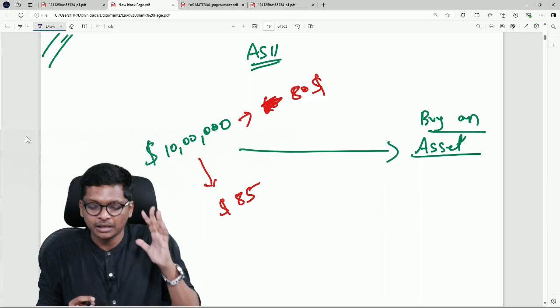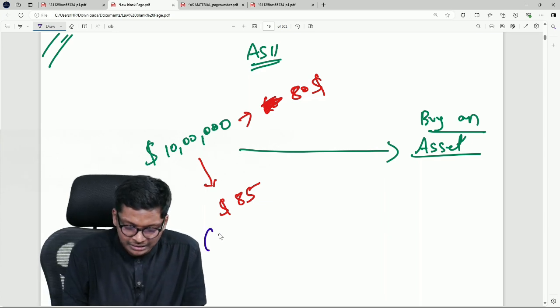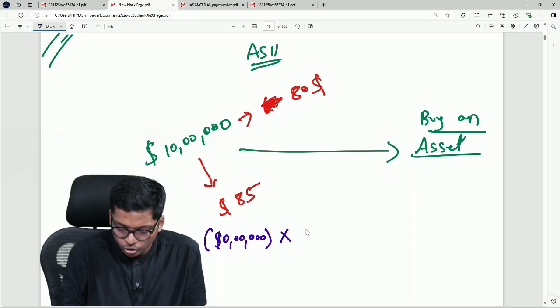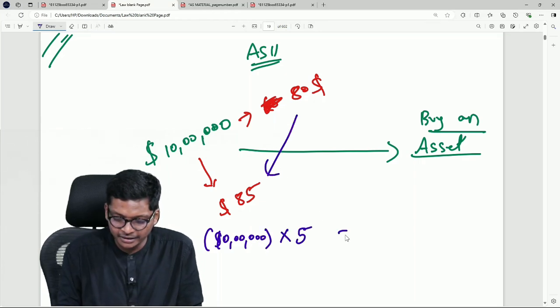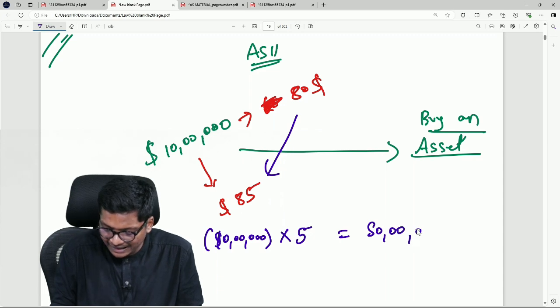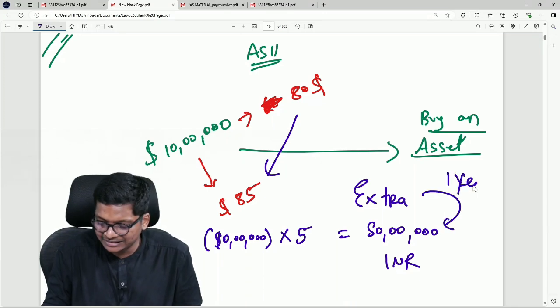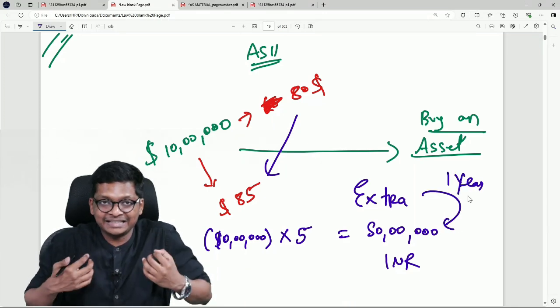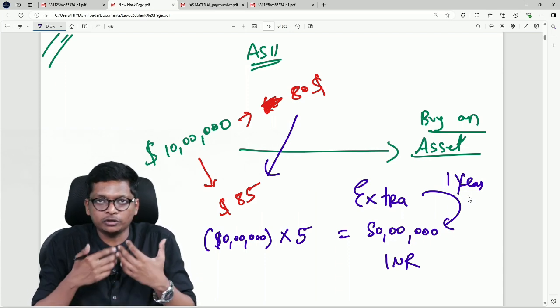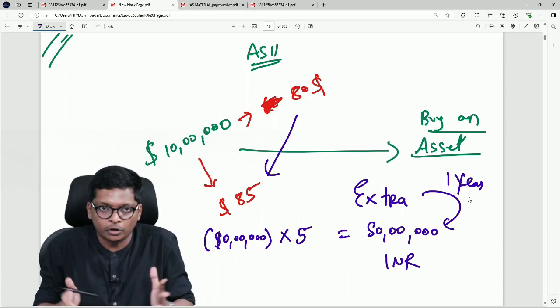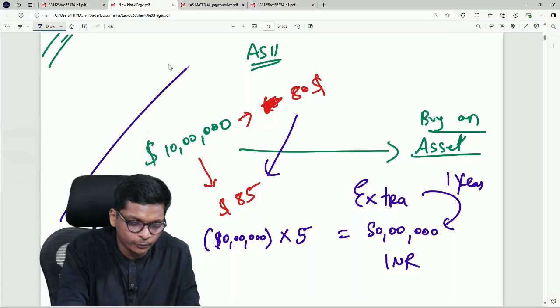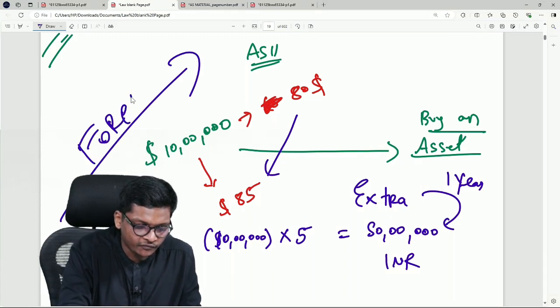Don't look at the interest and all. $10 lakh into ₹5 in 1 year, 50 lakhs in terms of INR is the extra amount you have to pay in just 1 year as an expense, not because of wrong operation, but because of movement in forex.